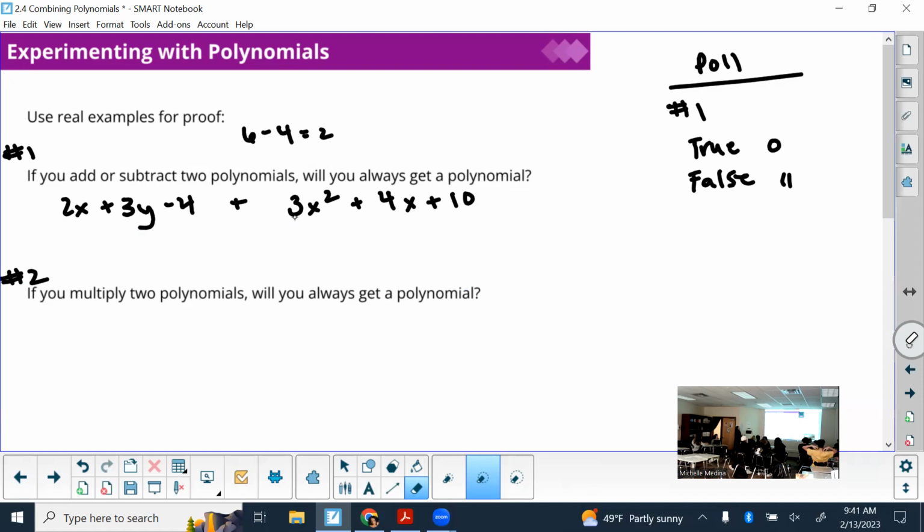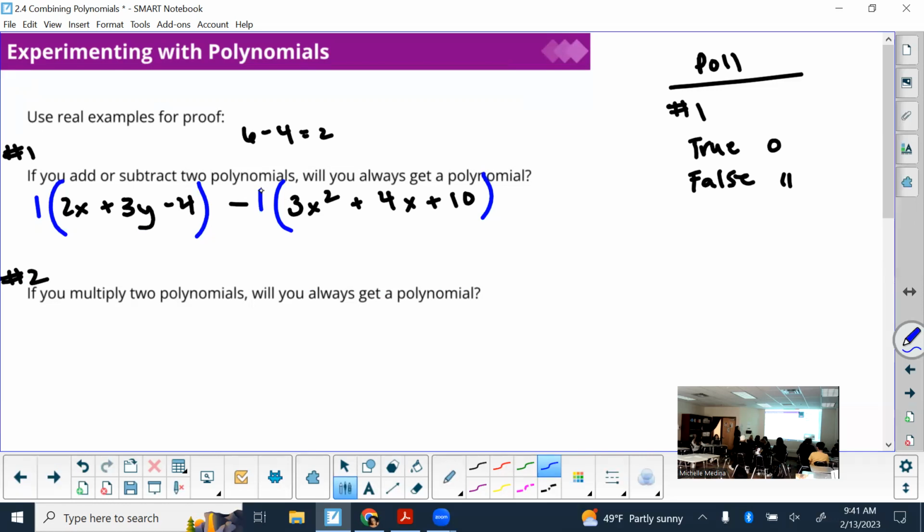But then if this was actually where we were subtracting instead, if we were subtracting this polynomial by this polynomial, what's outside this parenthesis? A positive 1, what's outside this parenthesis? And doesn't multiplying by -1 change stuff? So it actually changes all the signs that are in there.